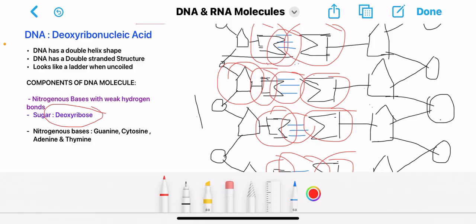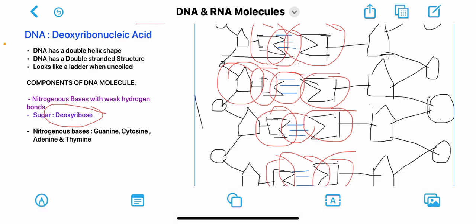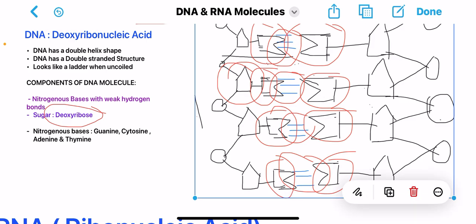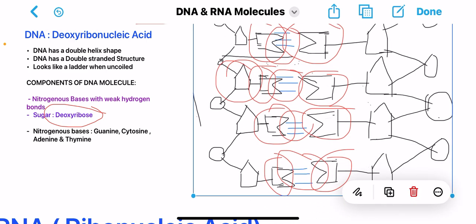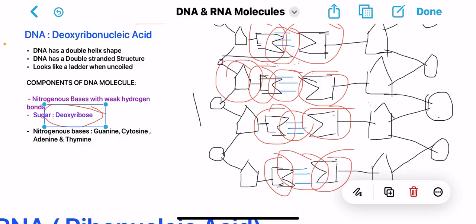Hear me very well. The sugar within the DNA molecule is what? Deoxyribose. I hope you understand.